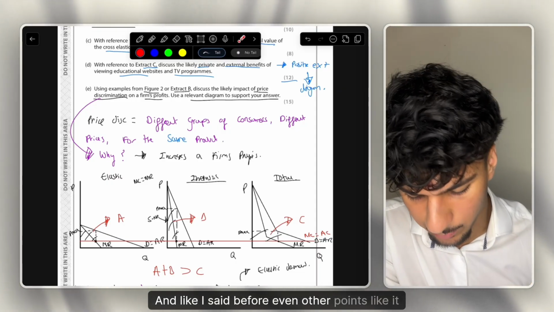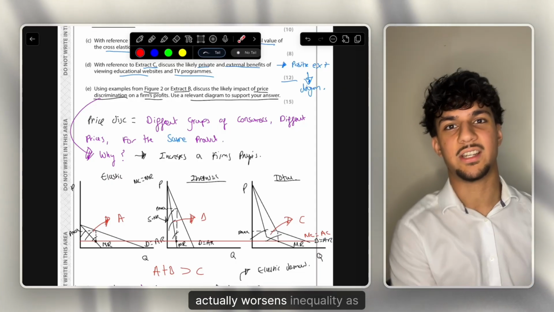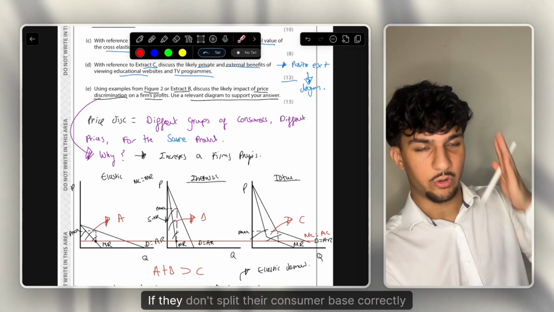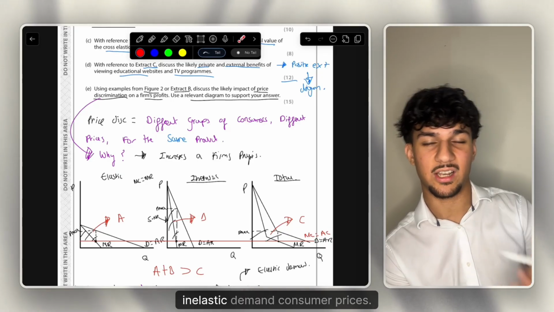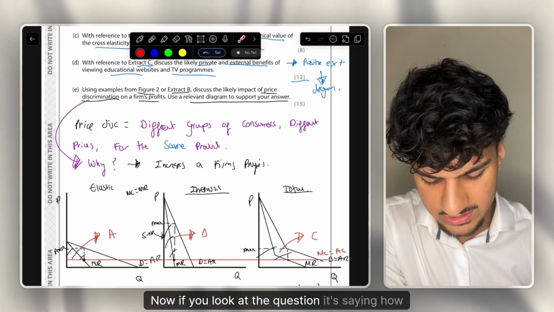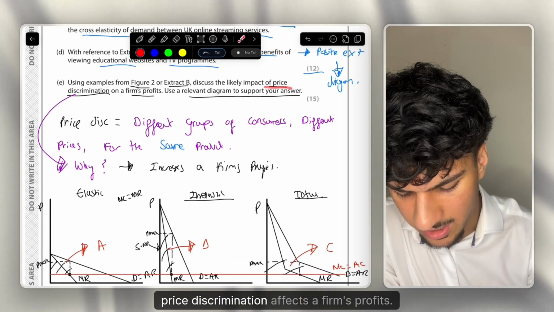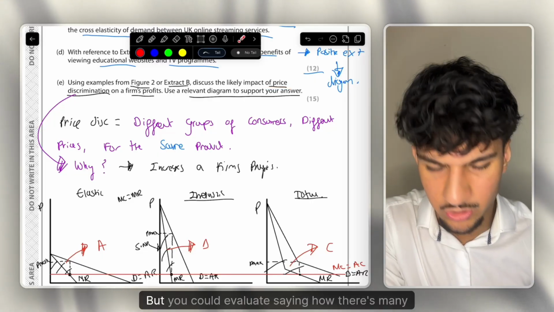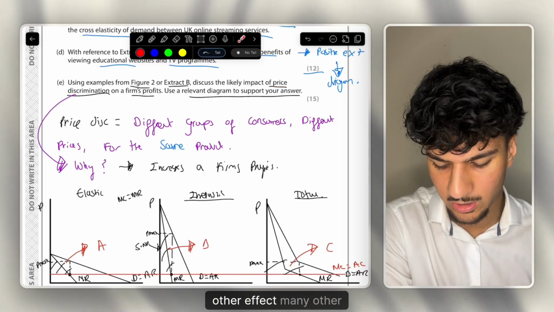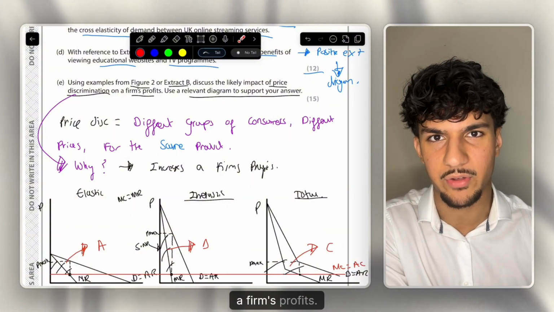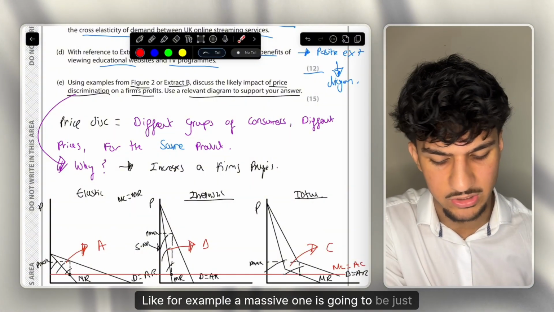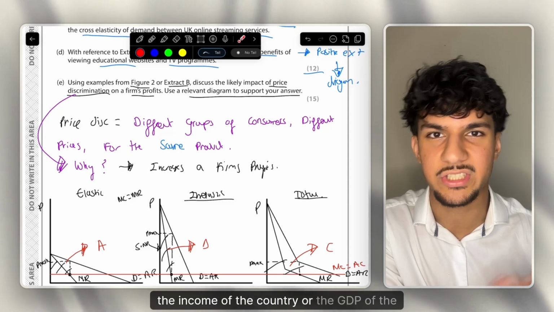And like I said before, even other points like it actually worsens inequality, as if they don't split their consumer base correctly, it means that elastic demand consumers are charged inelastic demand consumer prices. Now, if you look at the question, it's saying how price discrimination affects a firm's profits. But you could evaluate saying how there's many other components that will affect a firm's profits. Like, for example, a massive one is going to be just the income of the country or the GDP of the country.